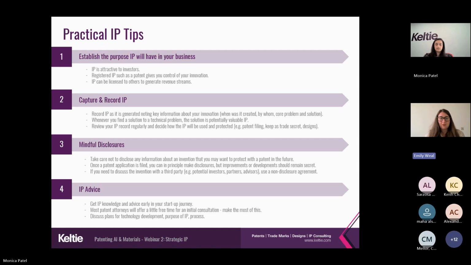And then the fourth point would be to get some IP advice as early as you can once you do start having innovations coming up. Most patent attorneys will offer you half an hour, maybe an hour of free time for an initial consultation, and you shouldn't be scared to approach patent attorneys and ask if they will give you half an hour to talk through your invention and what you should do about it.